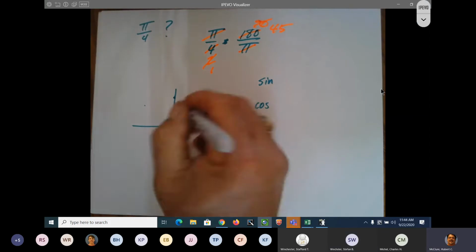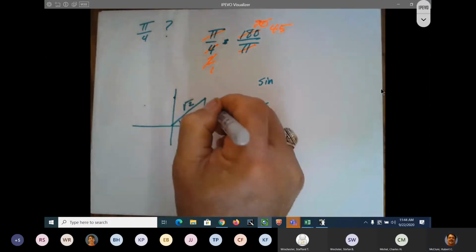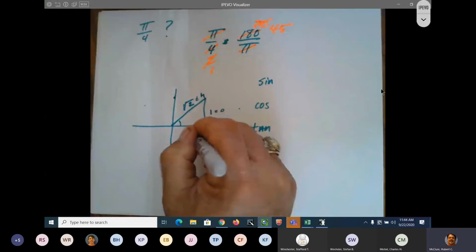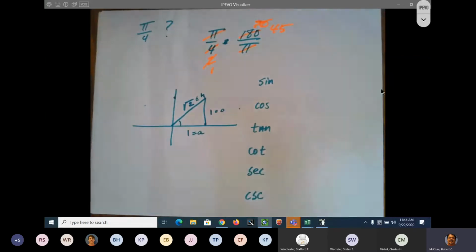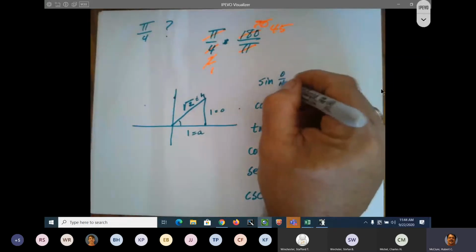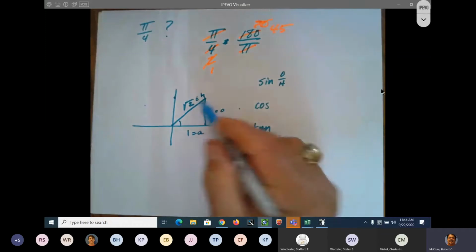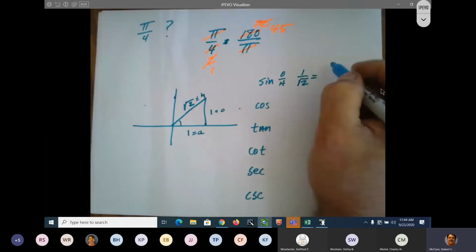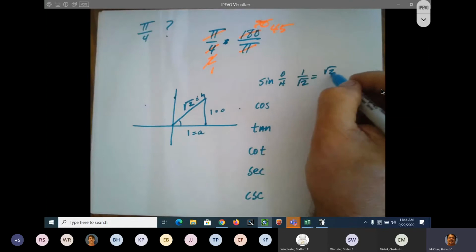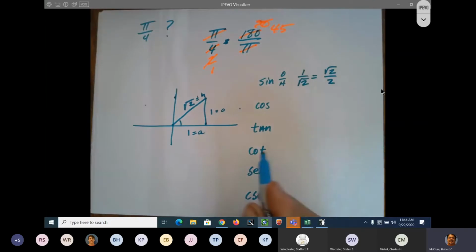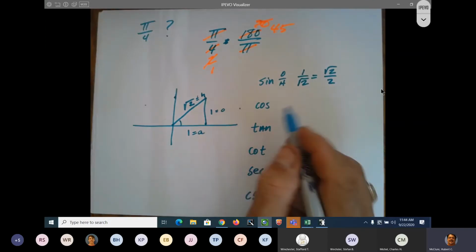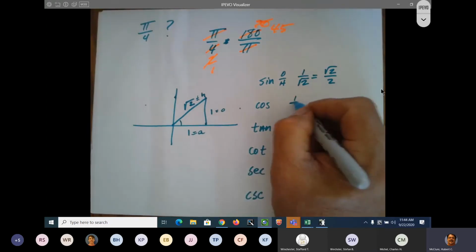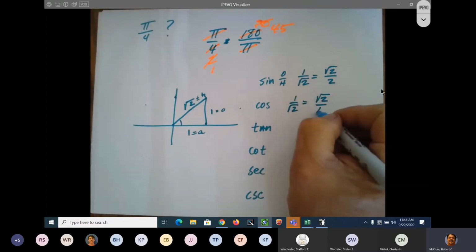All right. Oscar had, that's going to be 1 over the square root of 2, which is equal to square root of 2 over 2. Cosine is also 1 over the square root of 2, which is equal to square root of 2 over 2.